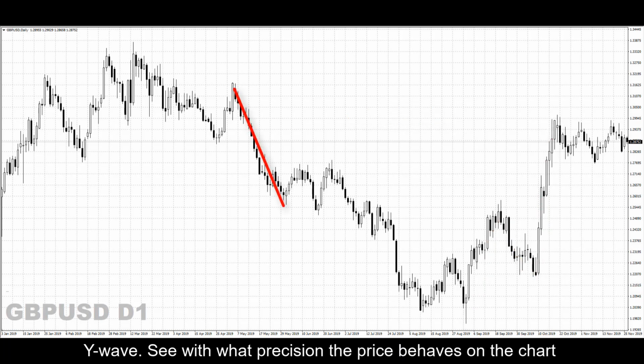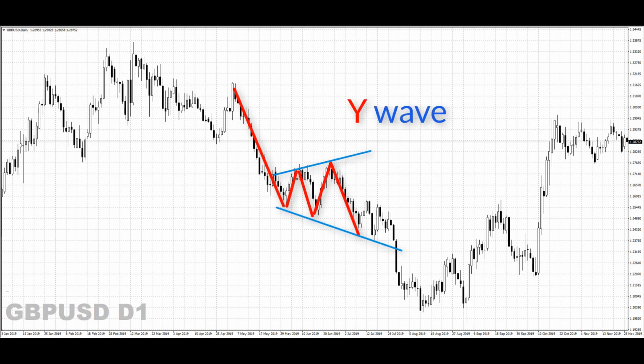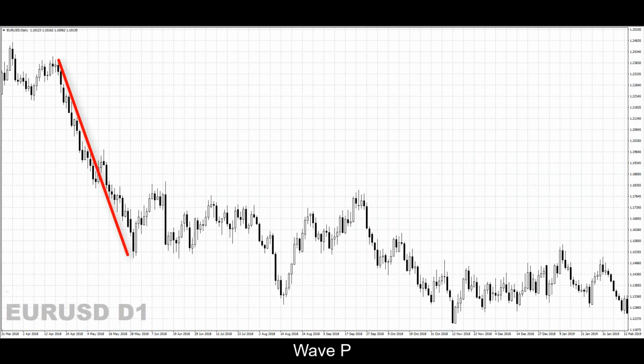Y wave. See with what precision the price behaves on the chart. Wave P.